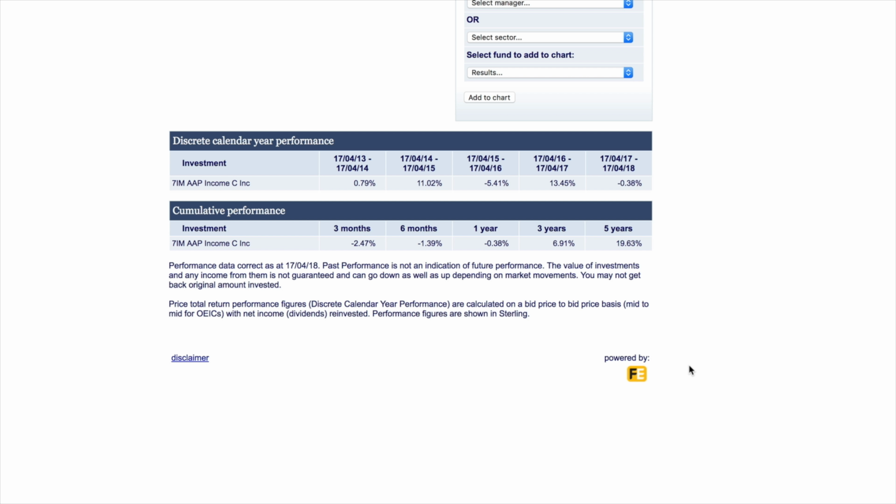And then the bottom table is cumulative performance. So every time scale there, and you can see there's 3 months, 6 months, 1, 3, and 5 years. Those time scales all end at yesterday's date. So it's the 3 months up to yesterday, the 5 years up to yesterday. So that's cumulative performance over that time period, and the first table there is discrete calendar years. So I hope that's helpful.